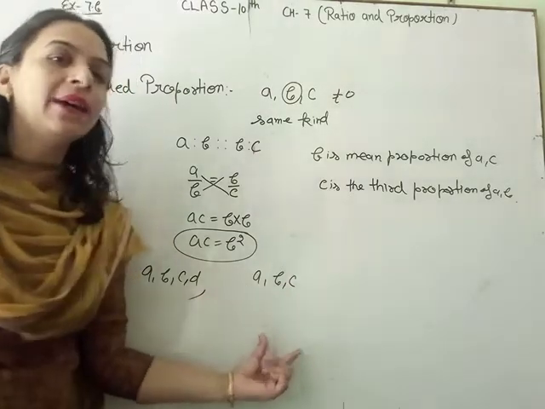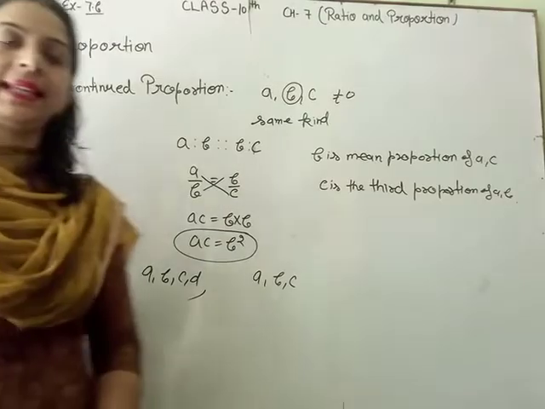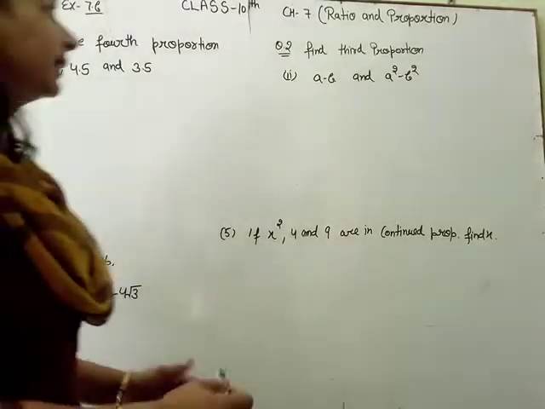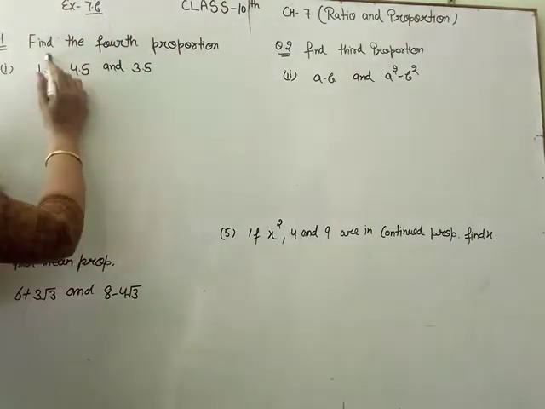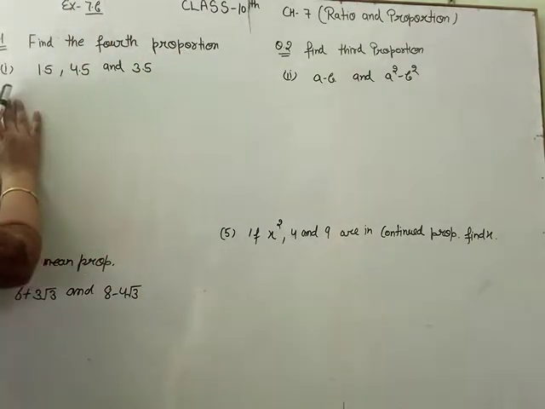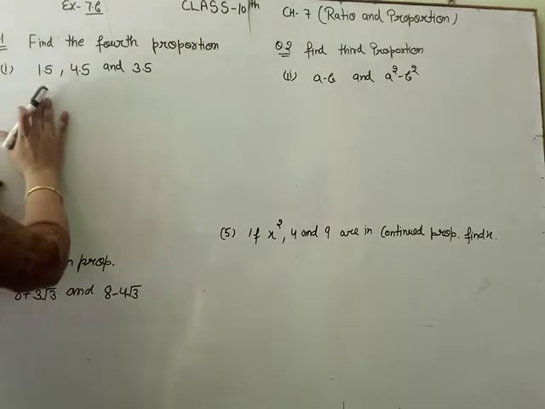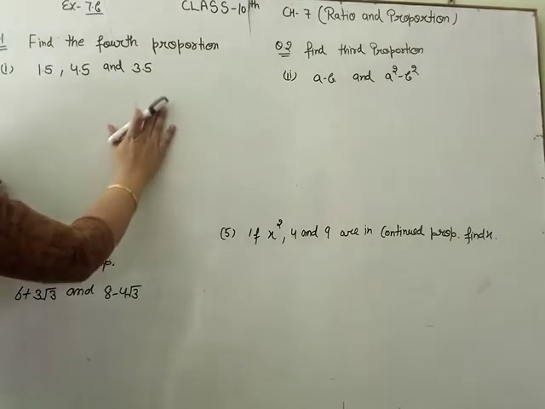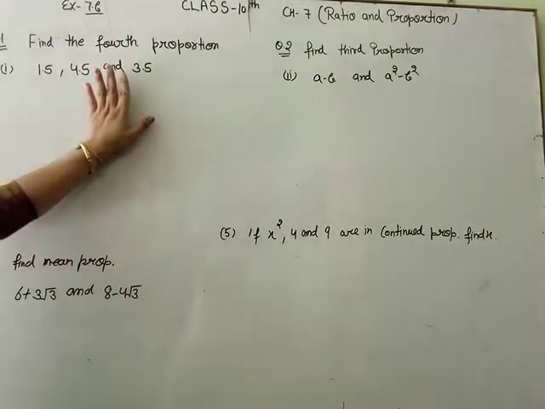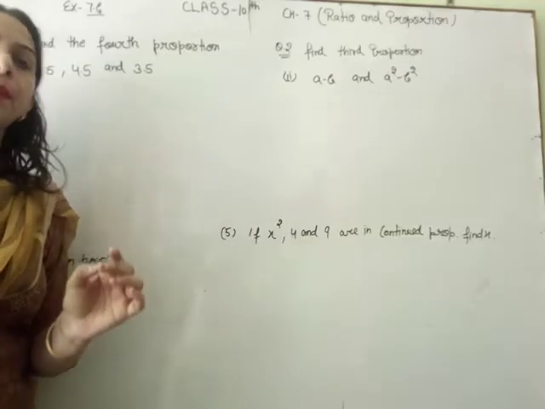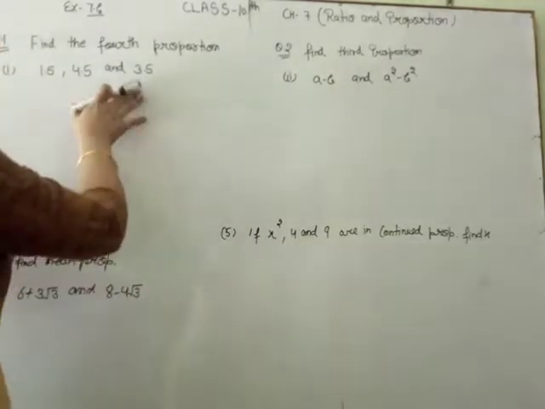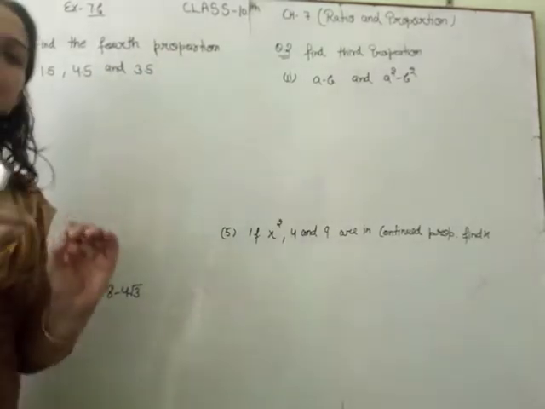Okay, students. Now I take some questions from exercise 7b. Question number 1: find the fourth proportion. First part: 1.5, 4.5 and 3.5. Students, find the fourth, and 3 are given. That means these are in simple proportion. If 3 are given, find the fourth, that means simple.